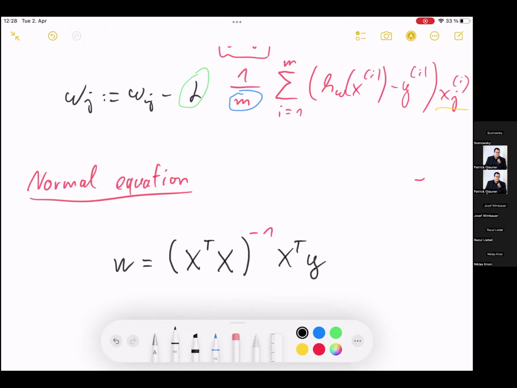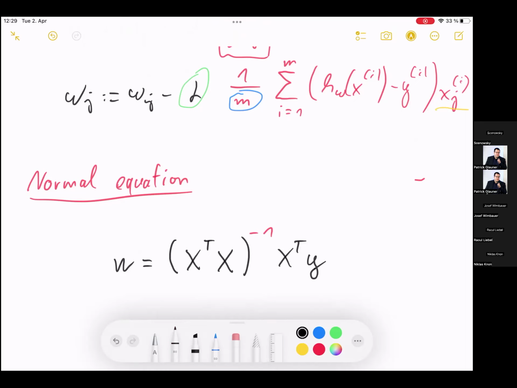In bold, something for me is a little bit more difficult to write here on the whiteboard. But W is the weight vector, X is a matrix, which is the input, and Y is the label vector. Has any one of you ever seen such a normal equation?